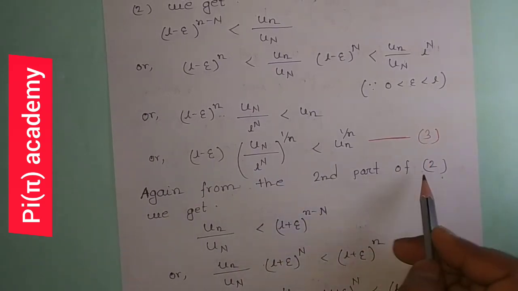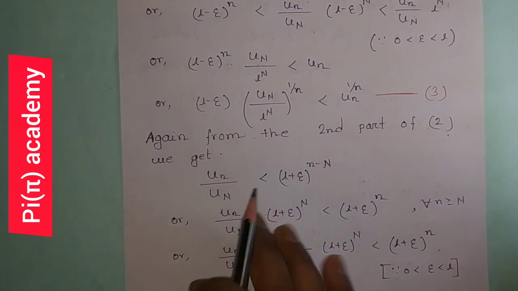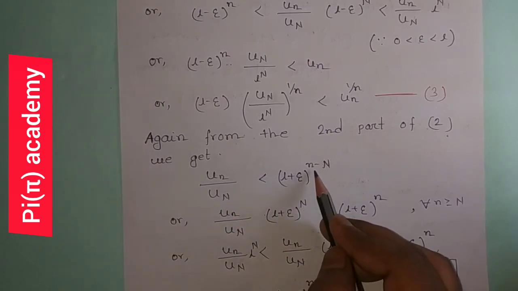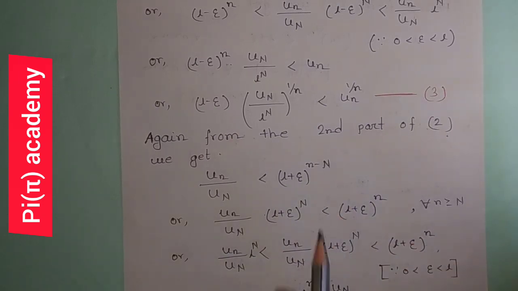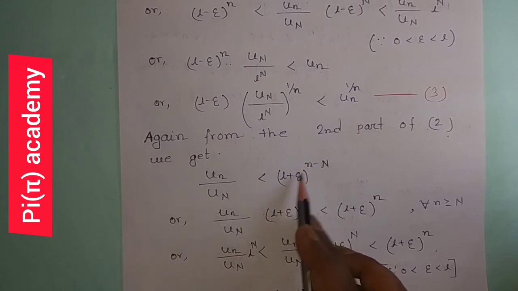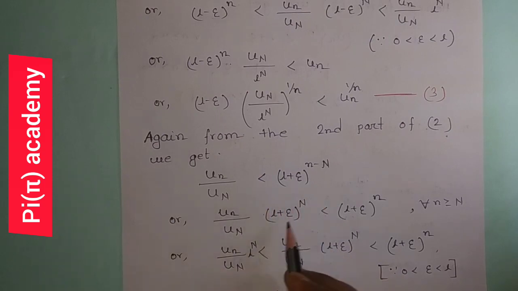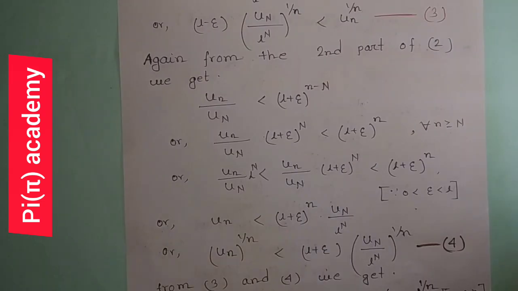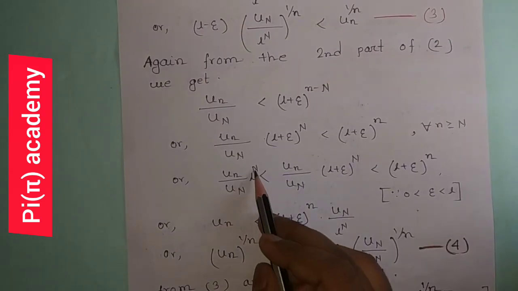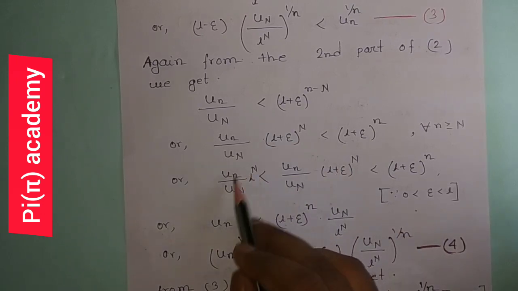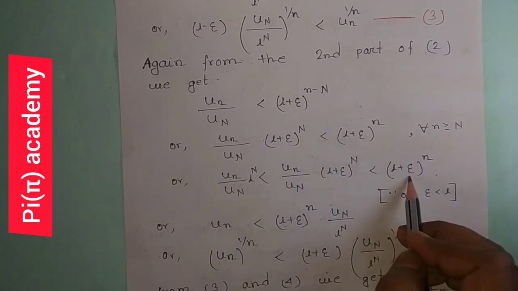Again from the second part of inequation 2, we get similarly u_n divided by u_N less than L plus epsilon whole to the power n minus capital N, and this is L plus epsilon whole to the power n divided by L plus epsilon whole to the power capital N. Then cross multiply, we get this for all small n greater or equal to capital N, and also L plus epsilon is greater than L, therefore we can write this less than this and less than this.